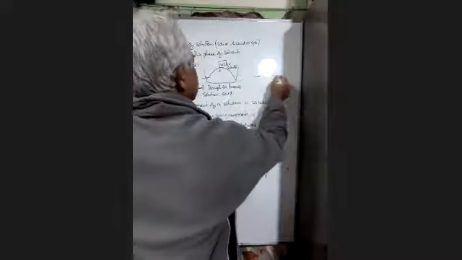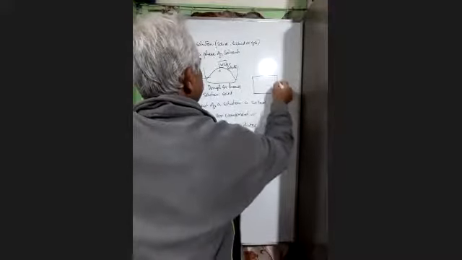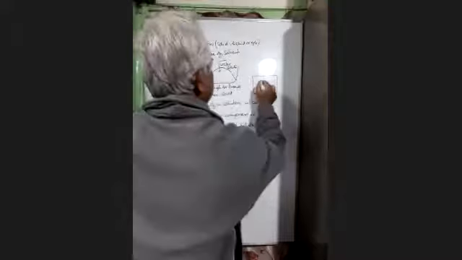All right. Now, see, say this is a chamber. Here we have air. We know air is a mixture of gases. Which gas is maximum in air? Nitrogen.